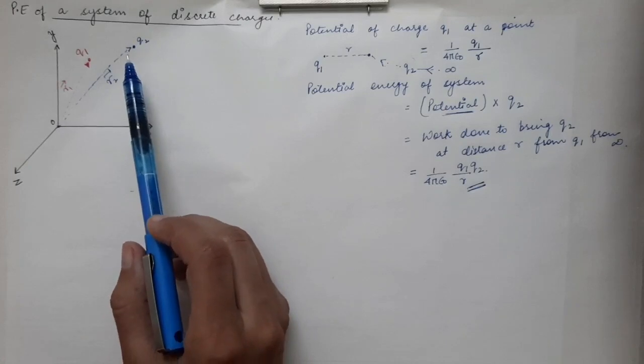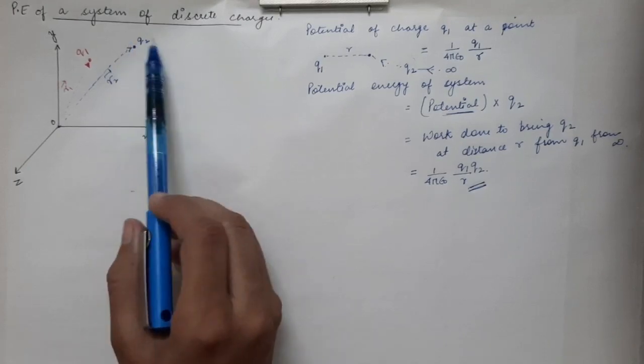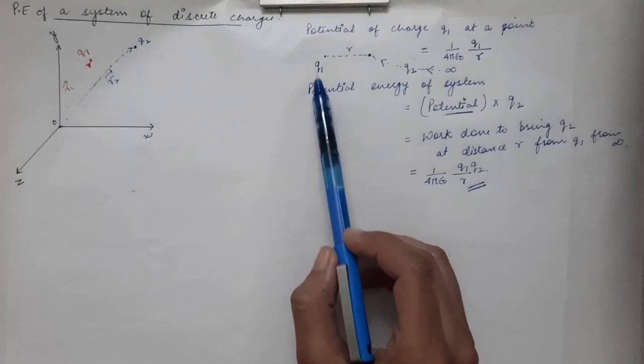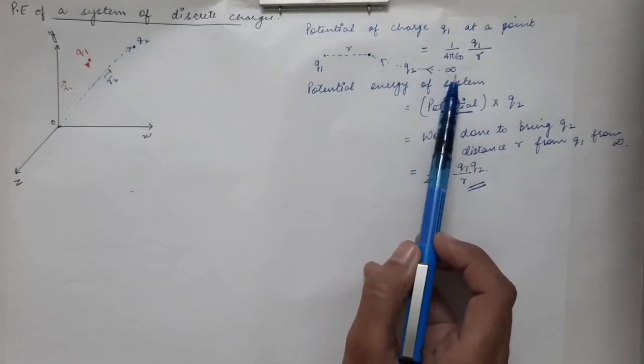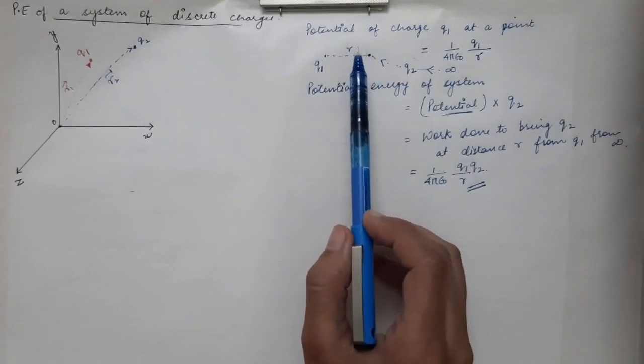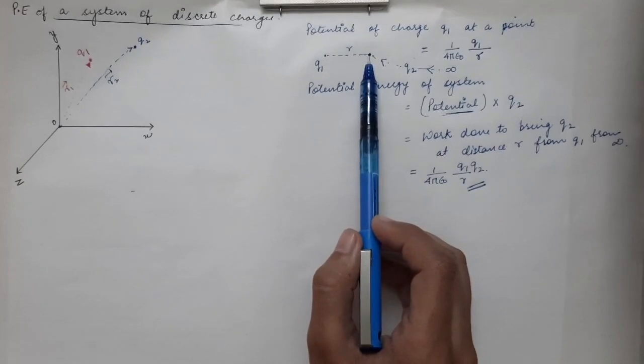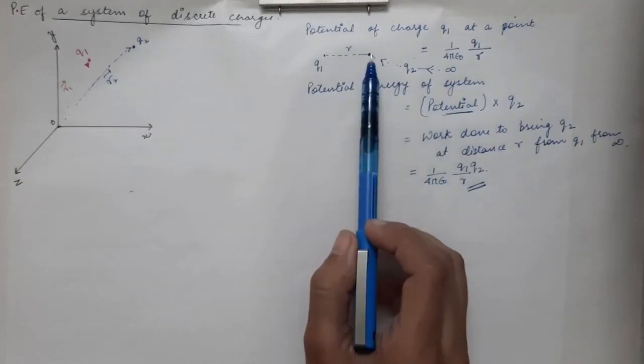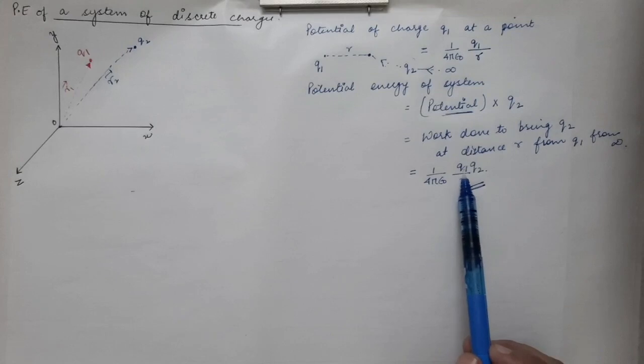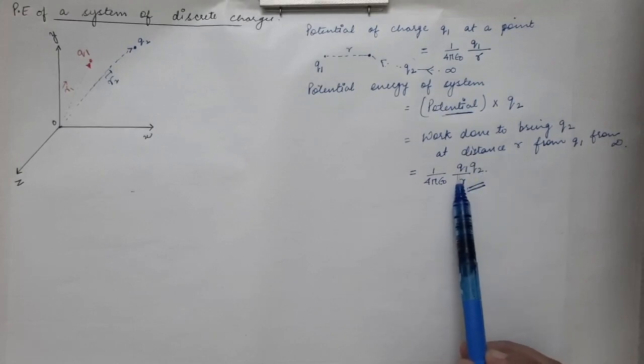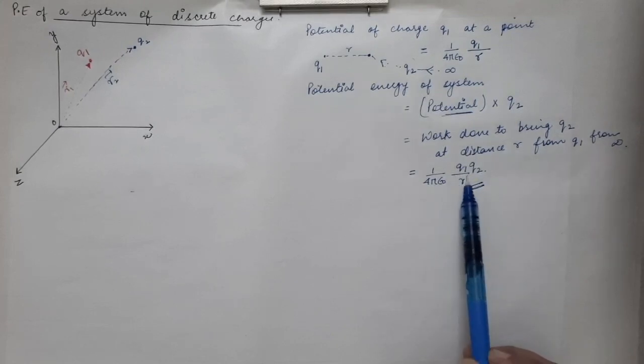So now what will be the amount of work that has to be done? This system is similar to the system that we had drawn, where we brought q2 from infinity to this point, and to find out the work done or potential energy stored in the system, we must know q1, we must know q2, and we must know the distance between the two charges.